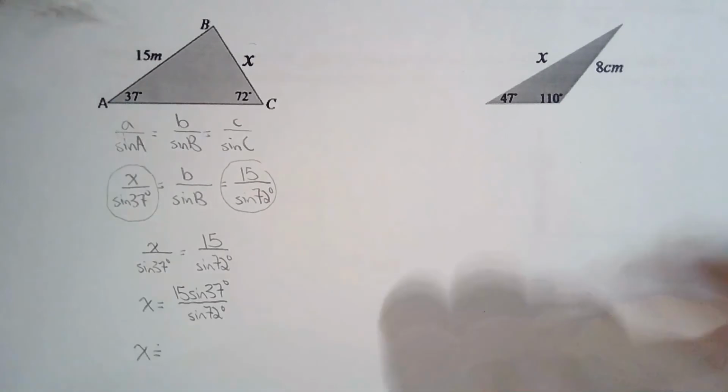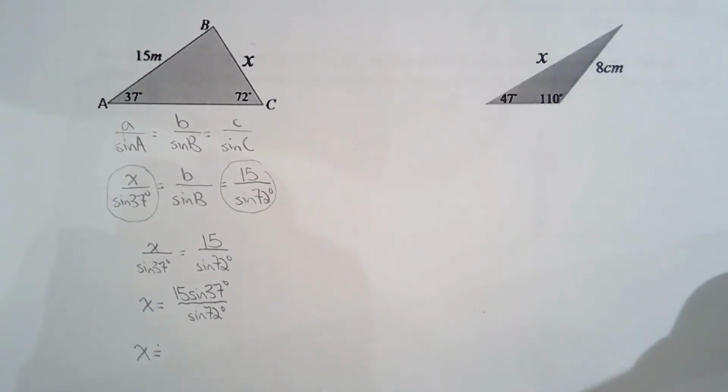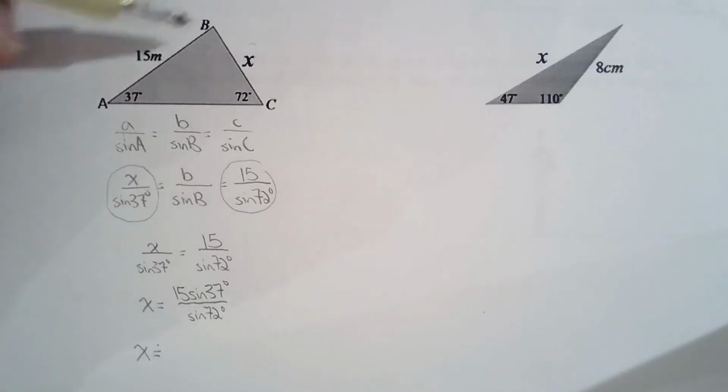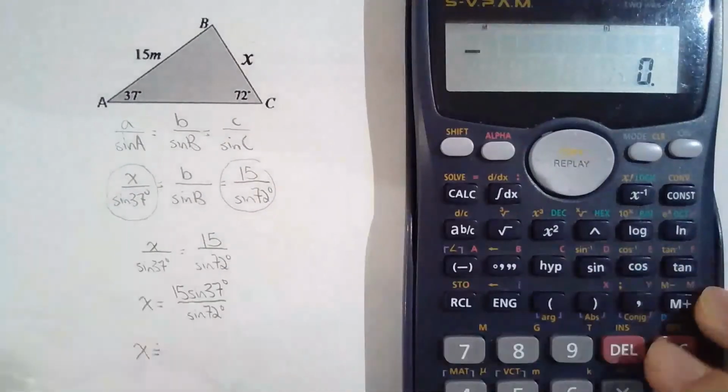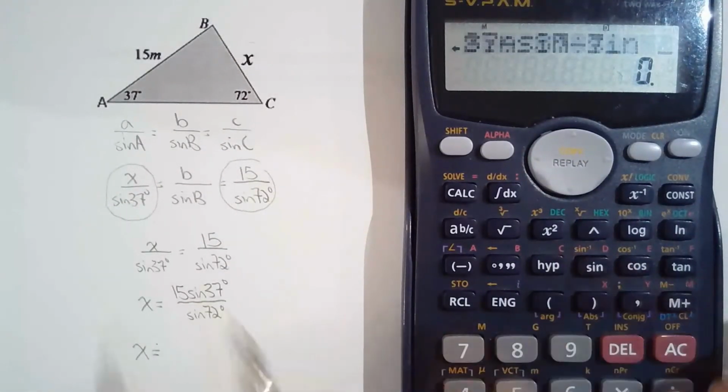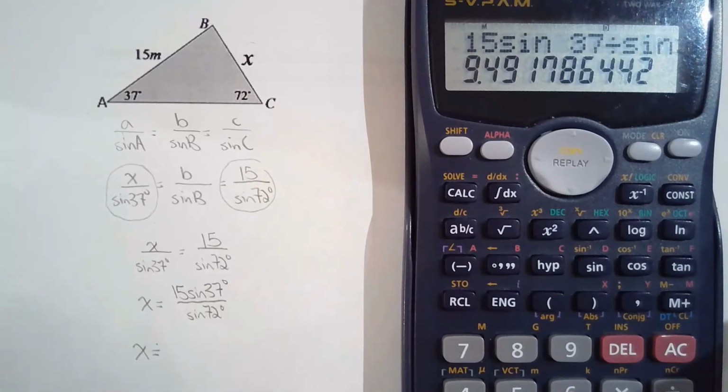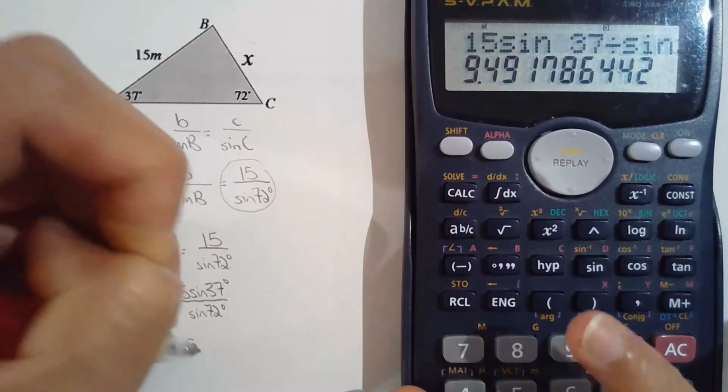Whereas 37 degrees is less than 72 degrees, so you don't have to open as wide. So the greater the opposite angle, the greater the length of the opposite side. So without doing any math, I'm hoping that x is going to be less than 15 meters. And of course it is. So let's round it to one decimal place.